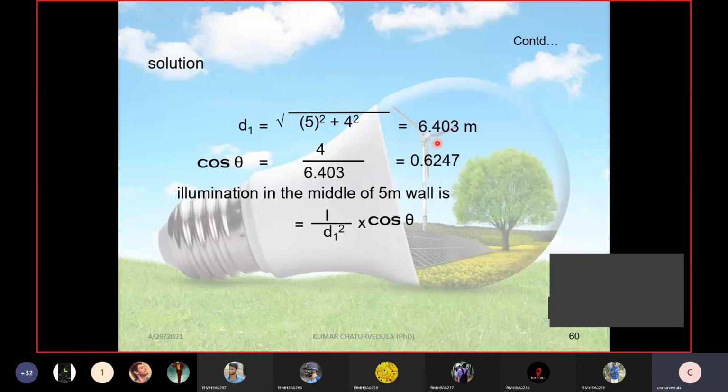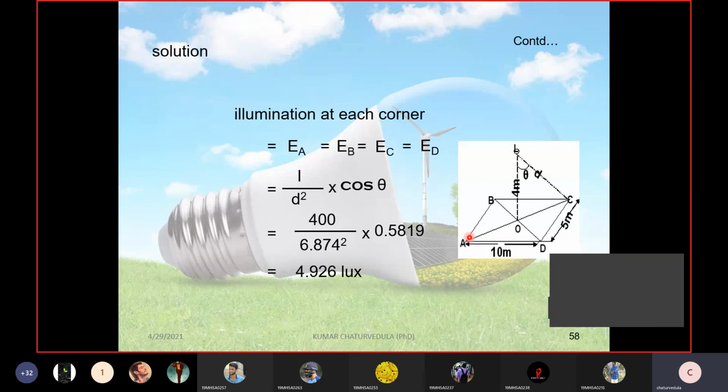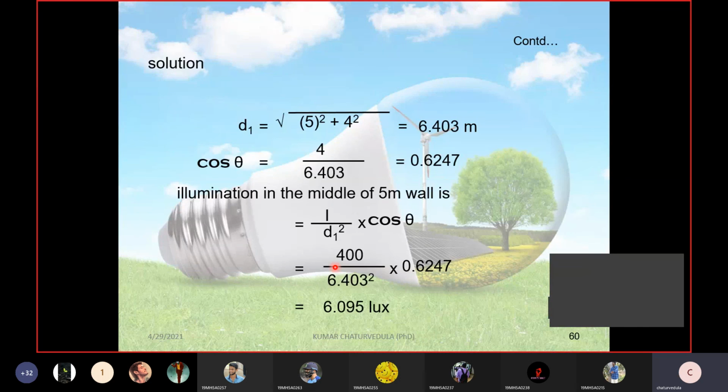If you observe the earlier value, at the corners of the room you see 4.926 lux, but at the middle you see 6.095 lux. So you can see that the illumination varies with respect to the surface area.